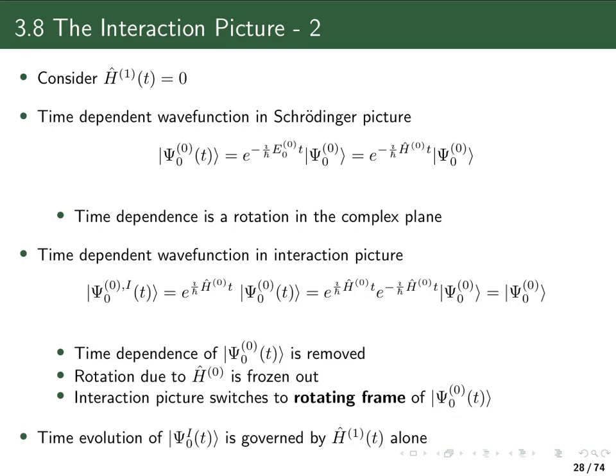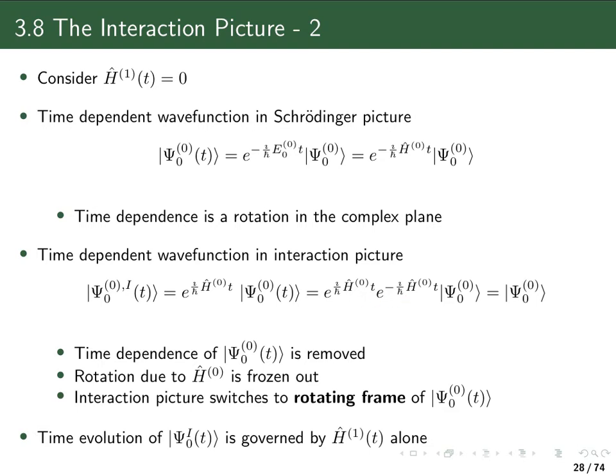Now let's look at the time-dependent wave function in the interaction picture. As we've seen on the slide before, the wave function in the interaction picture is obtained from the time-dependent wave function in the Schrödinger picture by applying this exponential operator to it. Now if I insert for this special case where H1 is 0 our time-dependent wave function in the Schrödinger picture, which is this one here, then we can see that, of course, those two exponential operators cancel each other.